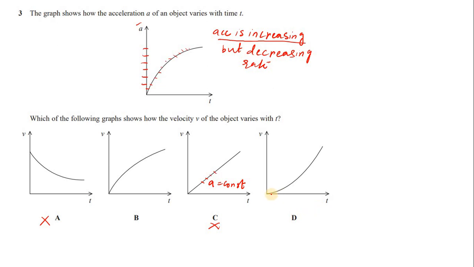So here, the velocity is continuously increasing at a greater rate, which shows that the acceleration is increasing. Here in part B, velocity is increasing indeed, but acceleration is decreasing with time.